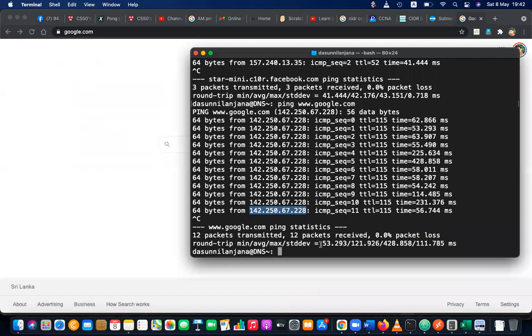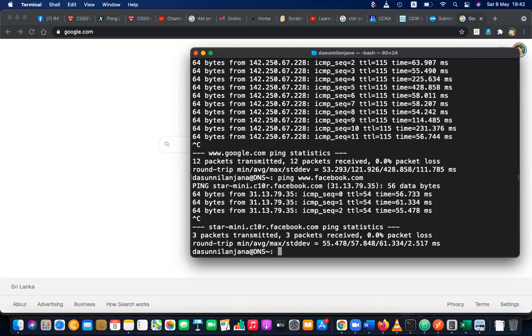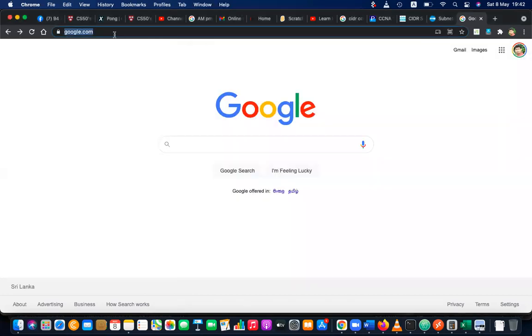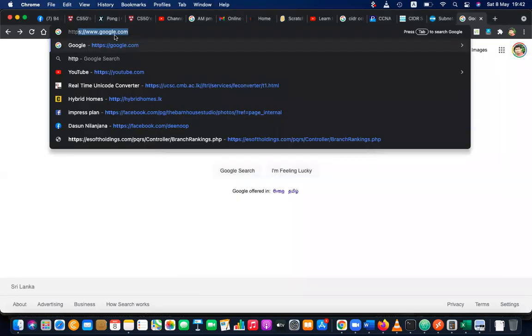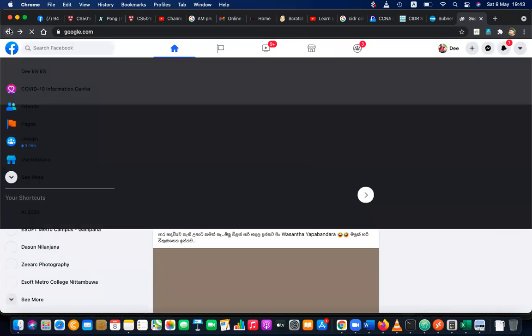If you ping www.facebook.com, they also have a fixed public static IP. This IP belongs to Facebook. Next week also you can try http:// this IP and you'll go to Facebook. If you want, you can keep that IP.